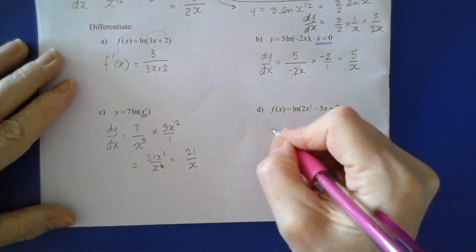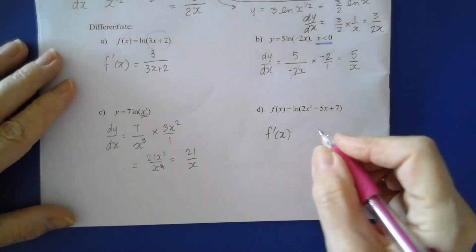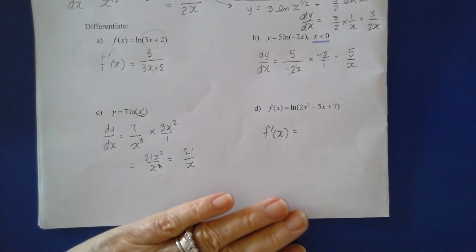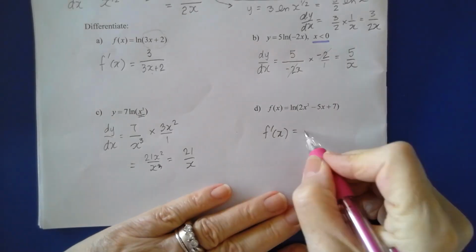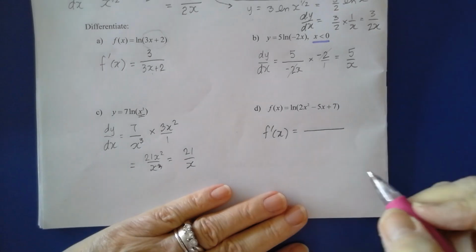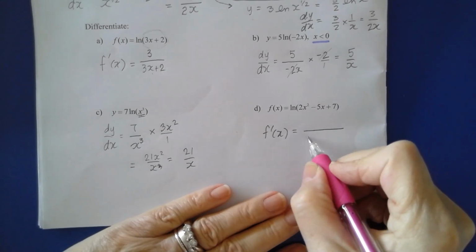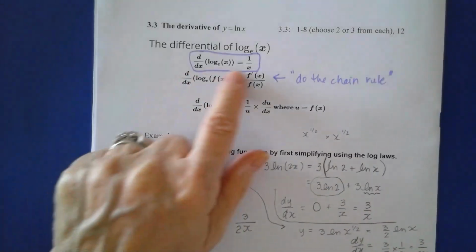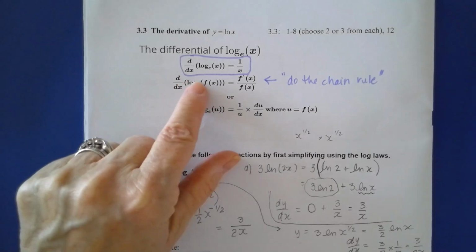Okay, let's use this rule. What do you reckon? Use the middle rule on the top. That rule right here says put whatever is in those brackets on the bottom.